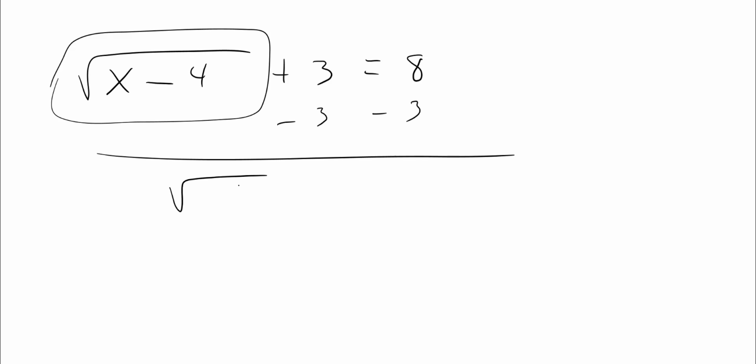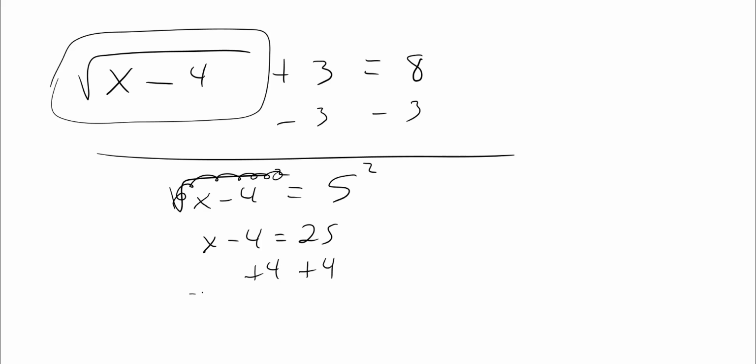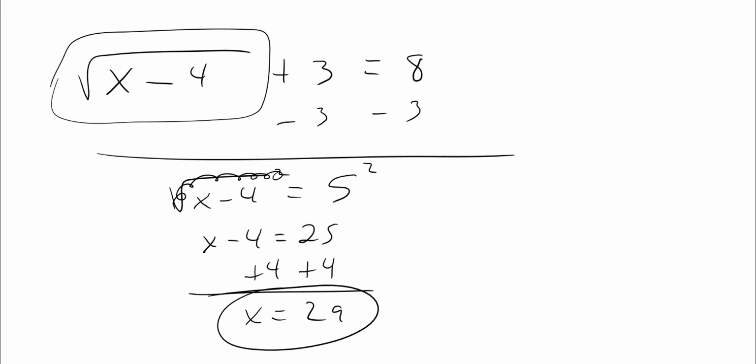So the square root of x minus 4 is equal to 5. And then I'm going to square both sides. So x minus 4 is equal to 25, because that goes away, and then add 4 to both sides. So you get x equals 29. That's not bad. Cool. All right.